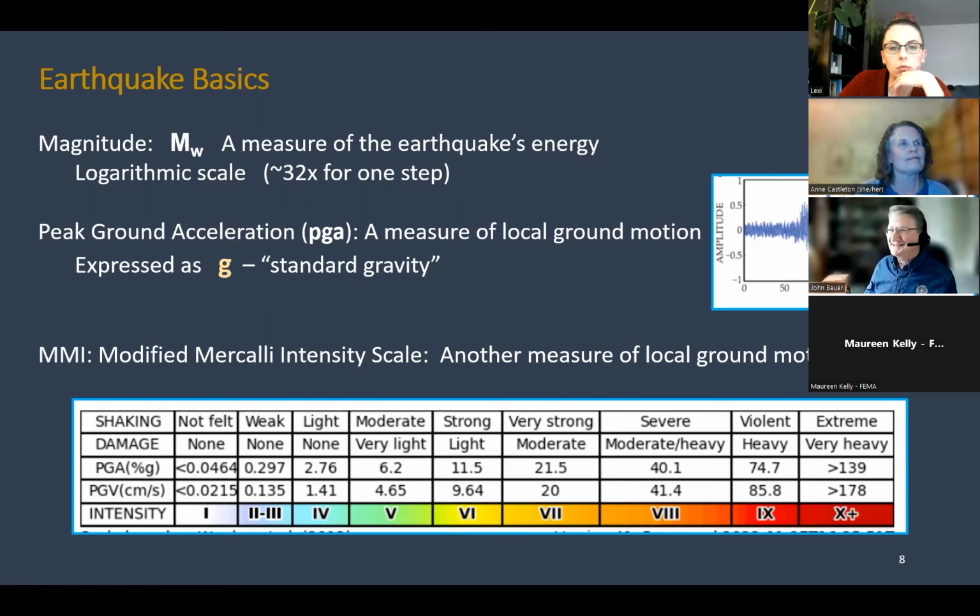And it is similar to, it's a refinement of, for old timers here, the Richter scale. It shares a logarithmic nature. So for every step, if you go from a magnitude 7 to a magnitude 8, that's about 32 times the level of energy. That does not tell you, however, what you're experiencing locally. So it depends how far away you are from that fault.